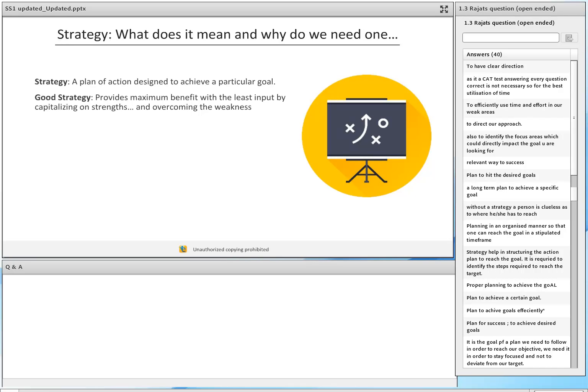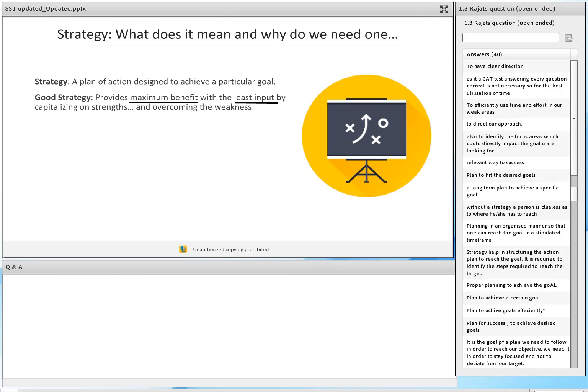So what does maximum benefit mean in the context of GMAT? Maximum benefit means score improvement. So it's the delta between your current score and what you'd achieve given the amount of time that you put in. Now, least input doesn't mean less input. It means compared to all the other paths to achieve that certain goal, it is a lower amount of input.